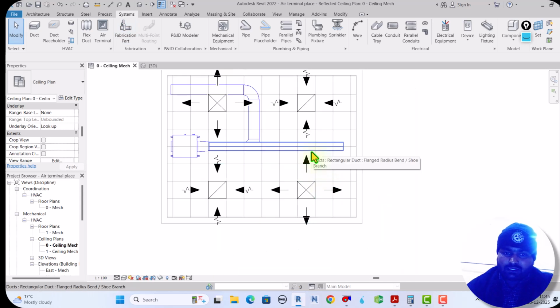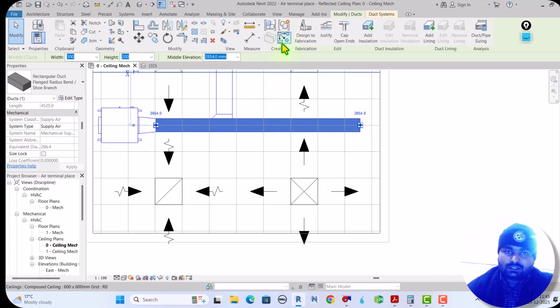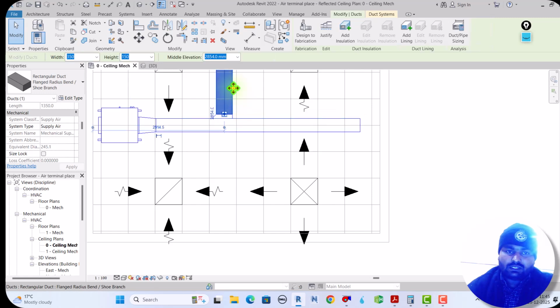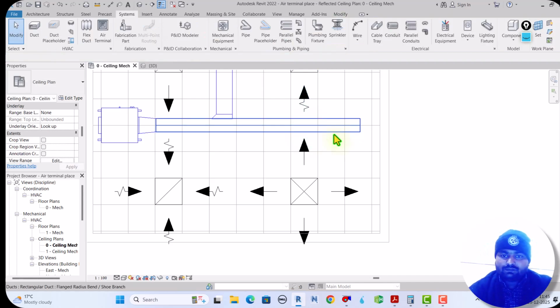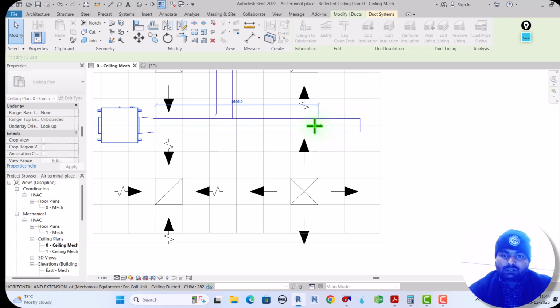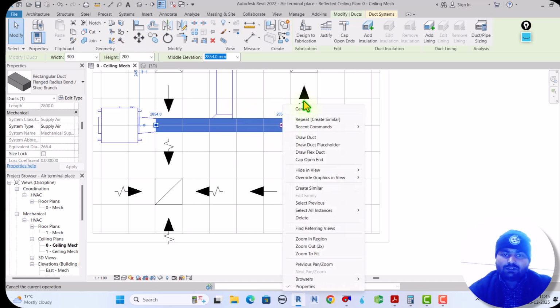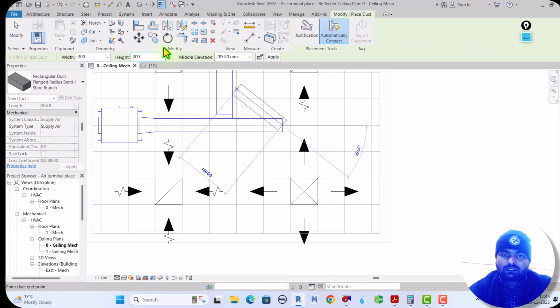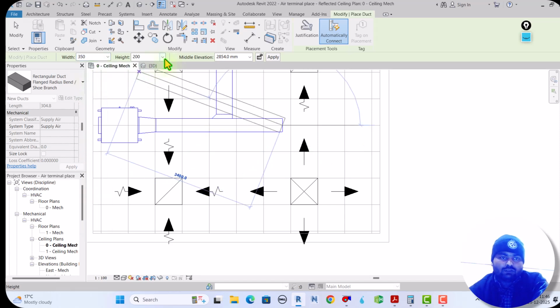Now similarly you can connect here, same thing, right? So we have to create similar, come here. You can connect like this also here, and after that you can reduce, right? What reduce? 350 and 150.